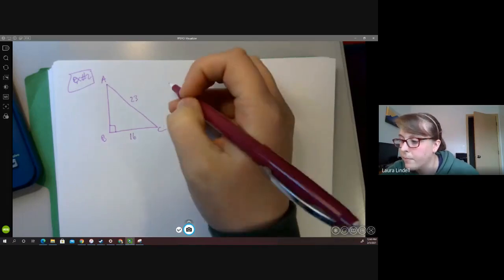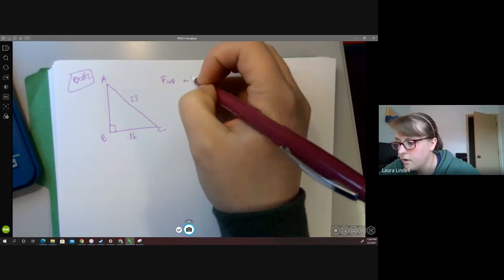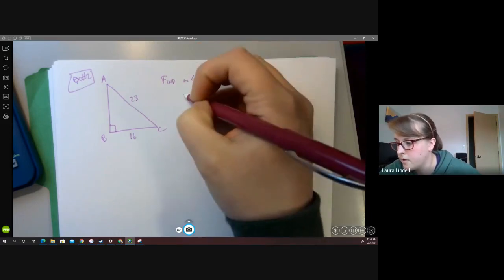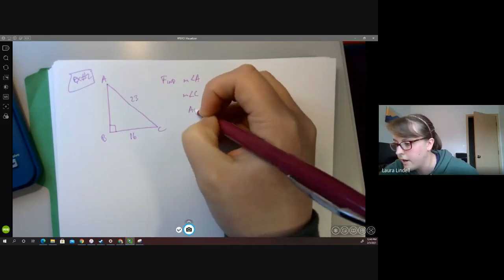Okay. So we want to find the measure of angle A, the measure of angle C, and the length of side AB.